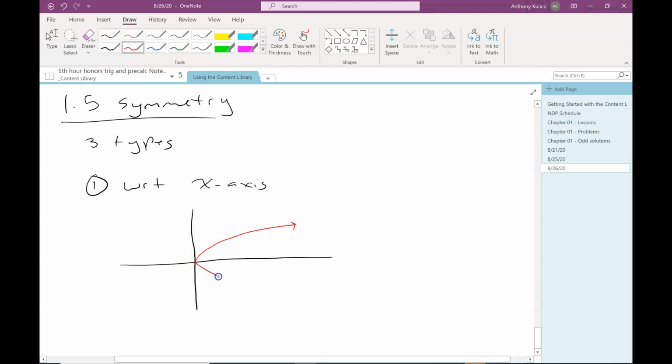So basically what I mean is something that looks like this. Or if I take 1/2 of my graph and I reflect it across the x-axis, it just overlaps the other half of the graph. Is everybody okay with that idea? So graphically, that's what it would look like. Algebraically, what would we be saying?